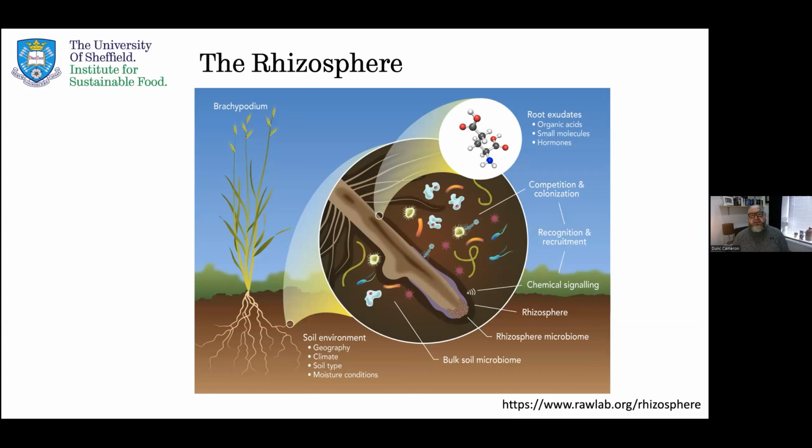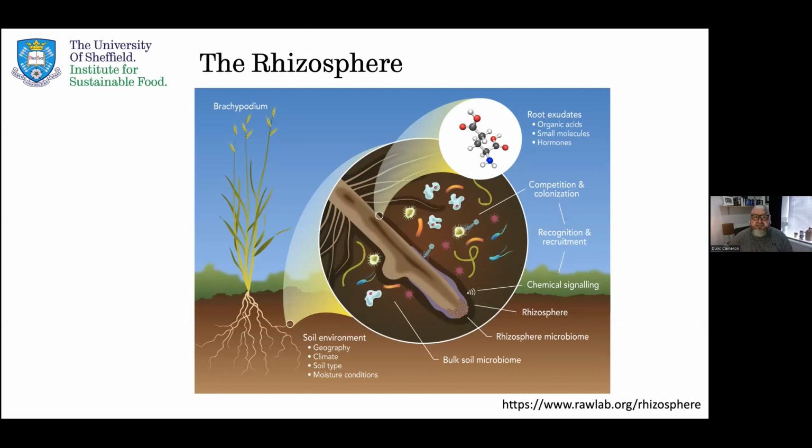So plants exude lots of compounds through their roots into the soil that have a range of different purposes. And the extent of the limit of these compounds to influence the soil is called the rhizosphere, or that's at least one definition and my definition of the rhizosphere.